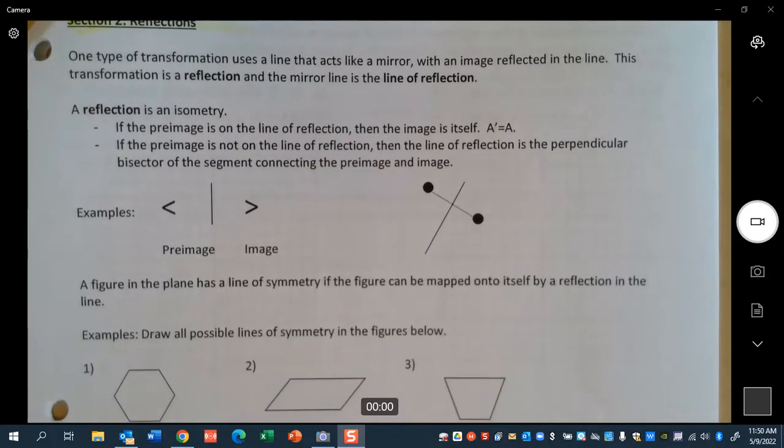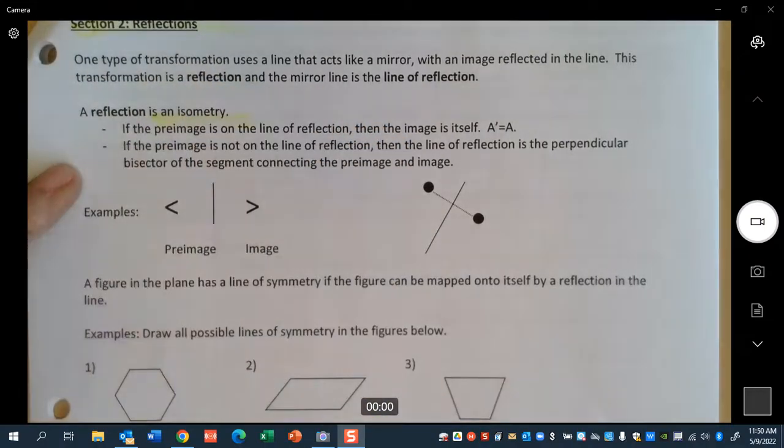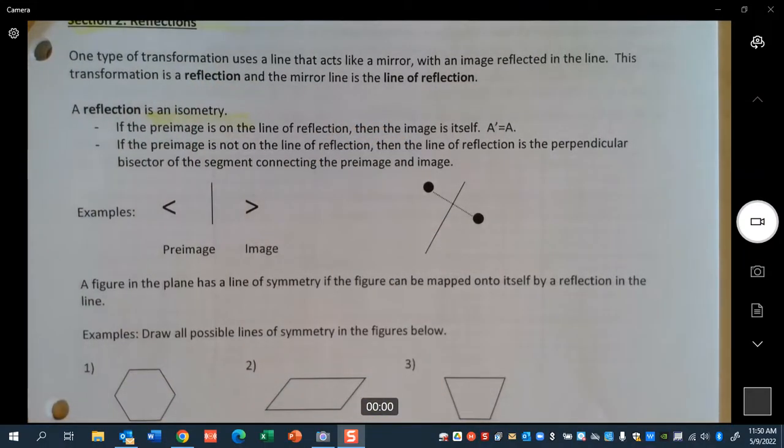A reflection is an isometry, it does not change the size. If the pre-image is on the line of reflection, then the image is equal to itself. If the pre-image is not on the line of reflection, then the line of reflection is the perpendicular bisector of the segment connecting the image and the pre-image.